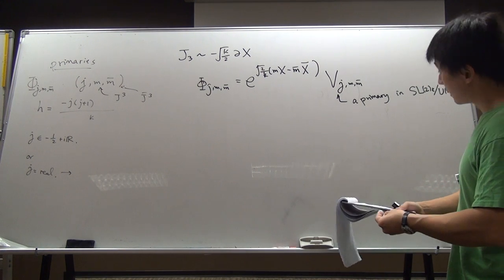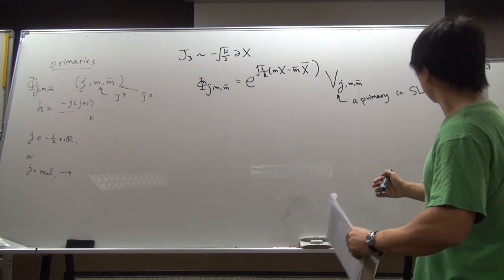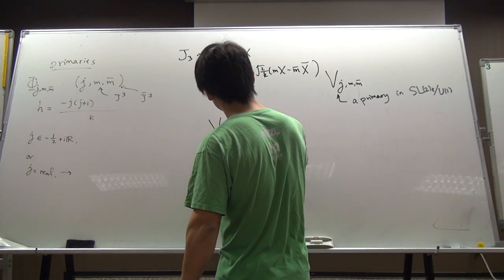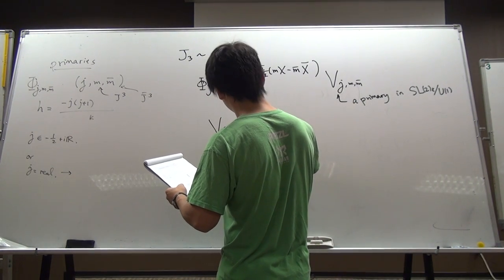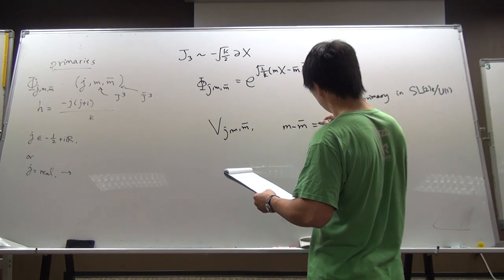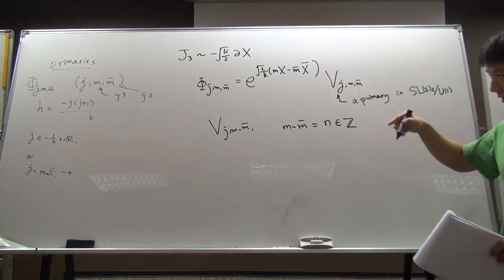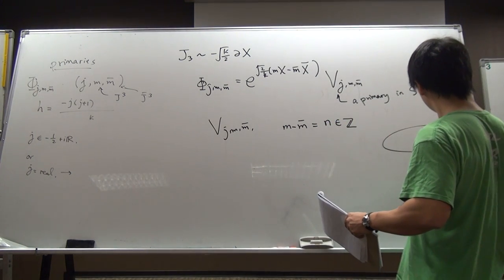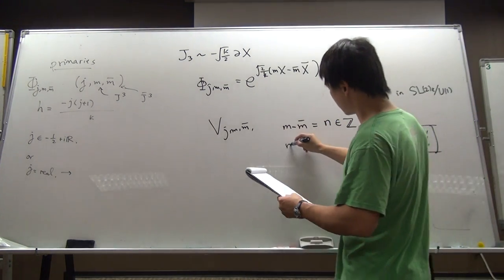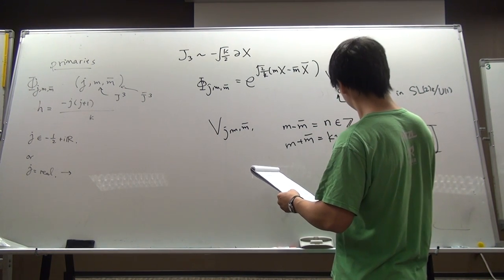For the cigar CFT, it turns out that the allowed set of values for this V_{j,m,m bar} is such that m minus m bar has the interpretation as momentum along the cigar, and m plus m bar is k times some winding number.